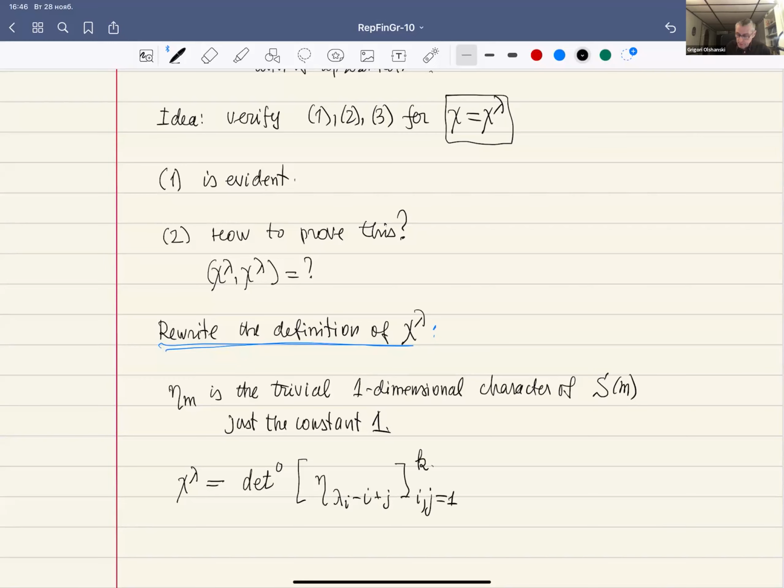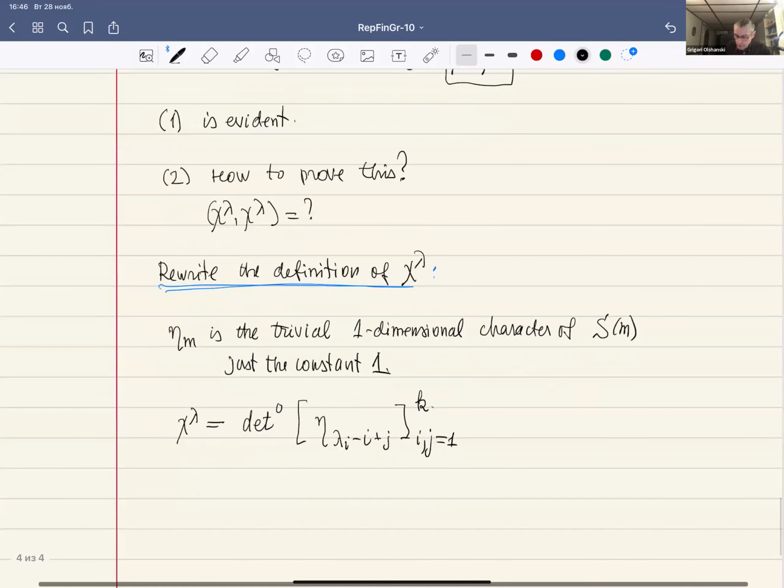So what does this mean? Here we have any number satisfying this restriction. So what is this? How to understand? By definition, we have to expand a determinant.